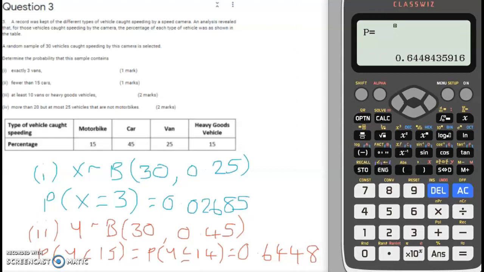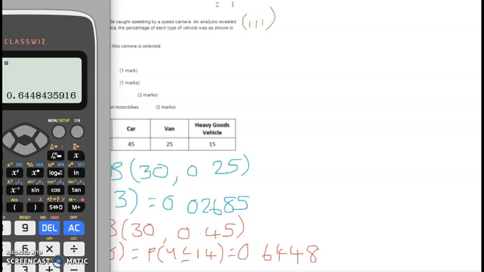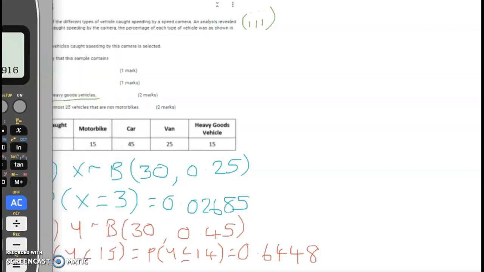Part 3, if I move up to the right hand side, this time is looking at vans or heavy goods vehicles. So if I move the calculator to the other side, just for the moment, I have my distribution that is still 30, but my probability now needs to be vans or heavy goods.